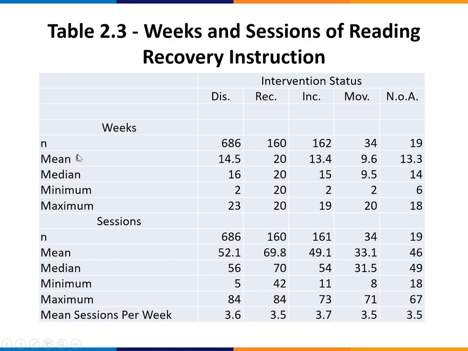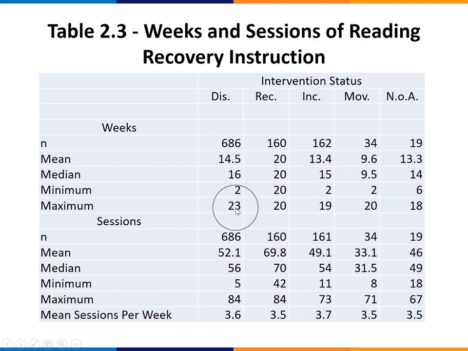When do I use one over the other? The median is a little more resistant to outliers. So if you have one kid that's got a lot of weeks, it's more resistant to outliers, data points that are at the extremes. In this case, I don't think there was an outlier.